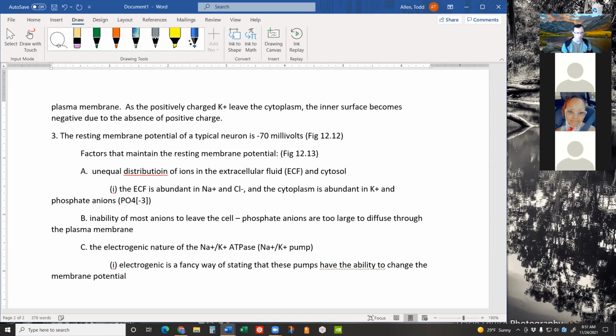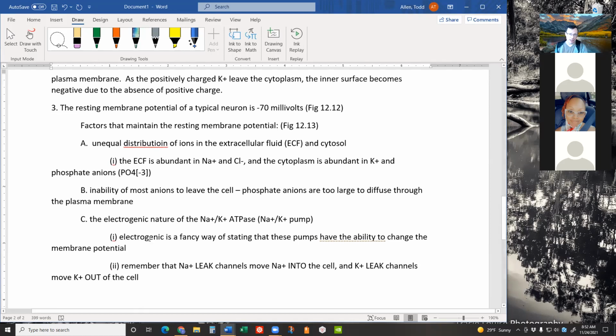Okay, and so we should say this here. Remember that sodium ion leak channels tend to leak sodium ions into the cell. And potassium ion leak channels move potassium ions out of the cell.